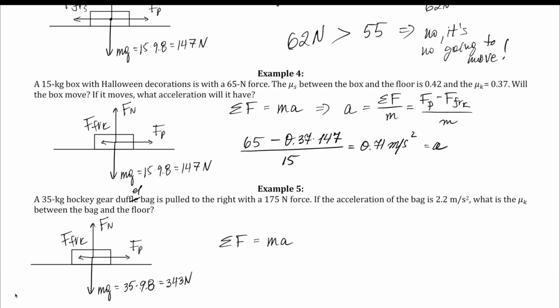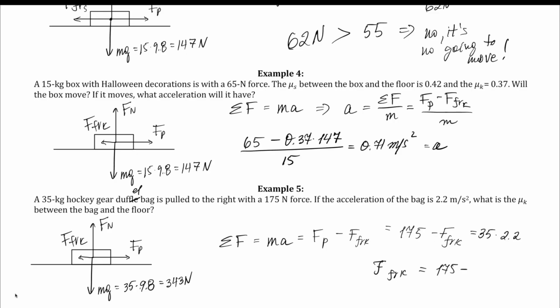Going back to Newton's second law, net force equals mass times acceleration. Net force is still the difference of two forces, which is force of pull and force of kinetic friction. Force of pull is 175. Force of kinetic friction, and then it should be equal to mass times acceleration, mass being 35, acceleration being 2.2. Force of kinetic friction is going to be the difference of 175 minus, what's 35 times 2.2?